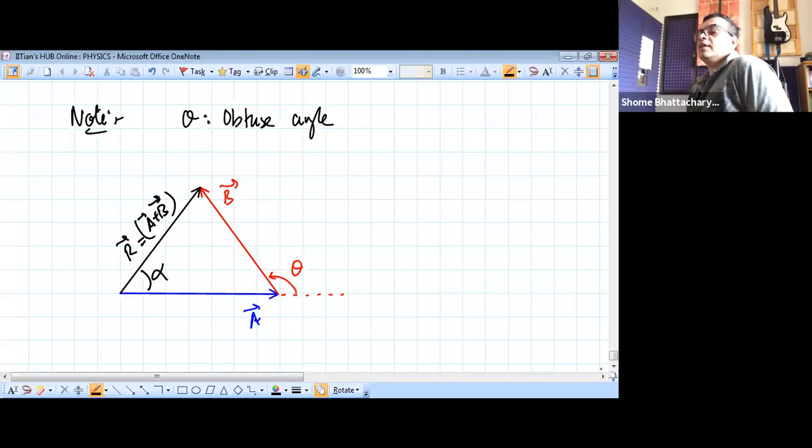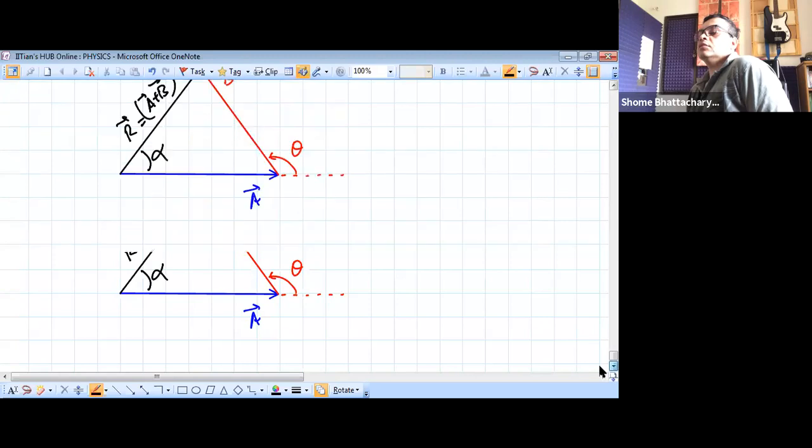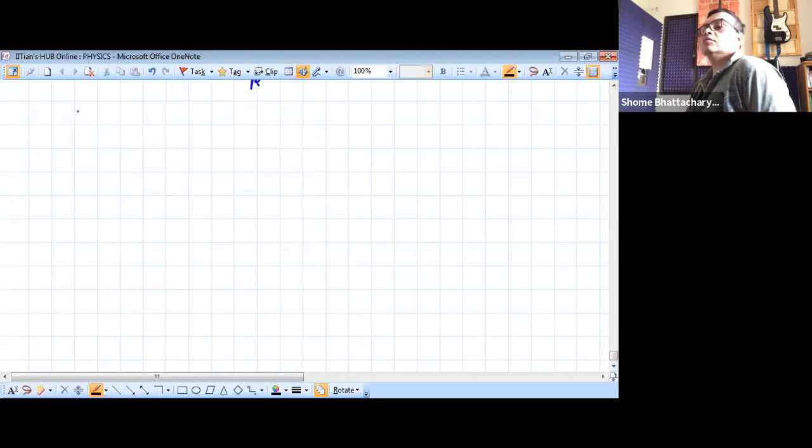So for obtuse angle thetas, we use the formula for theta greater than 90 degrees, less than equal to 180 degrees. That is theta in second quadrant, you can say.